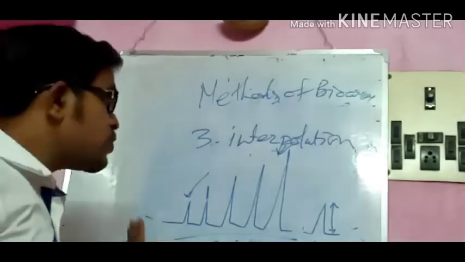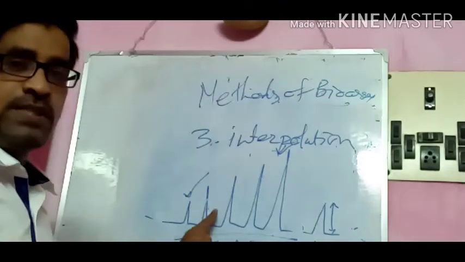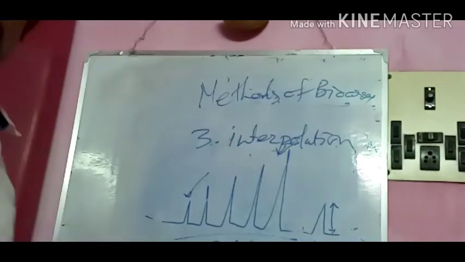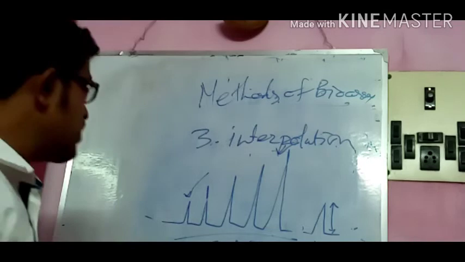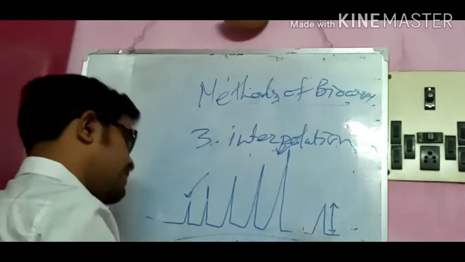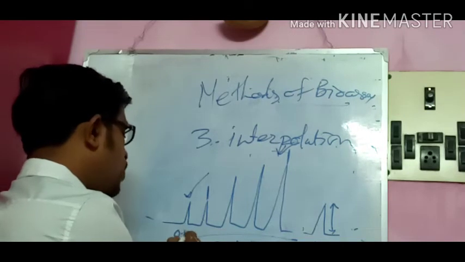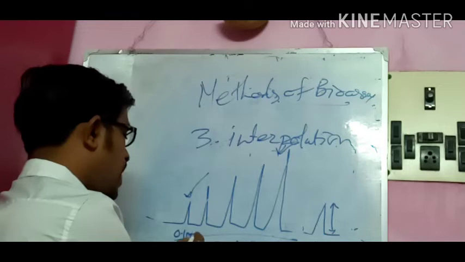Now you have to measure the length of these responses in millimeters. The dose is already known to you. You know how much concentration of acetylcholine or standard you have given. Suppose here you have given 0.1 microgram.